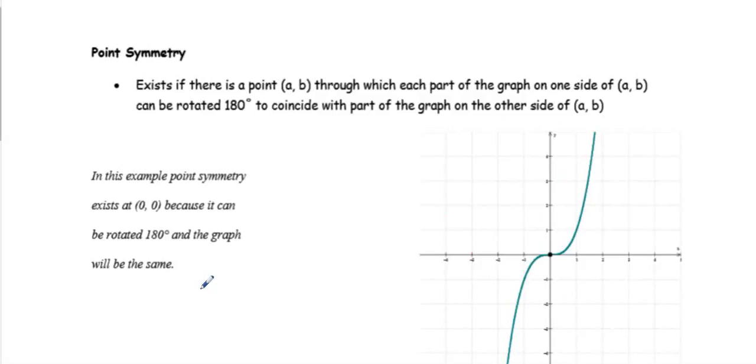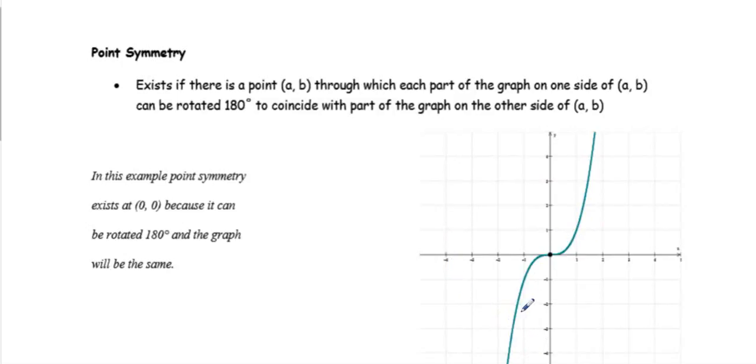Point symmetry is another notion that you're going to use to identify certain power and polynomial functions. And point symmetry exists, this is a little bit different, if you can take a particular point on a graph and rotate the graph through 180 degrees. So 180 degrees, that's half a circle, right?